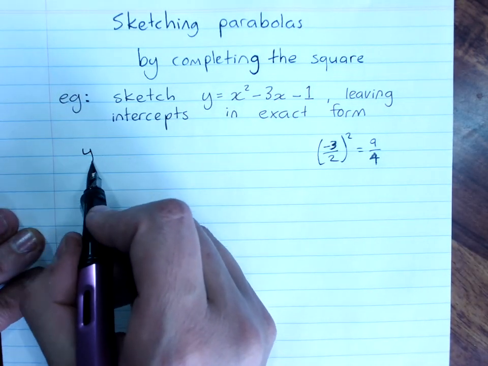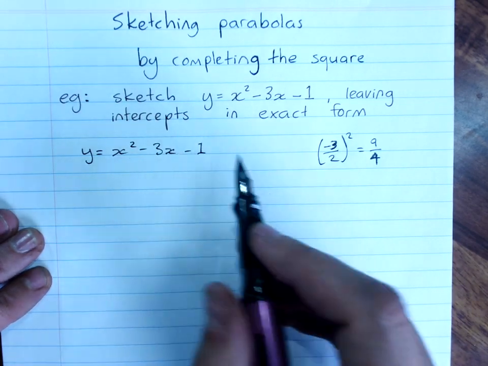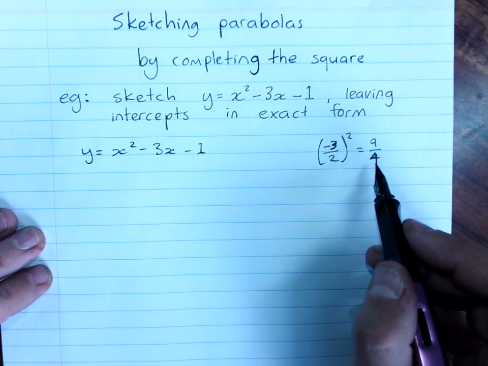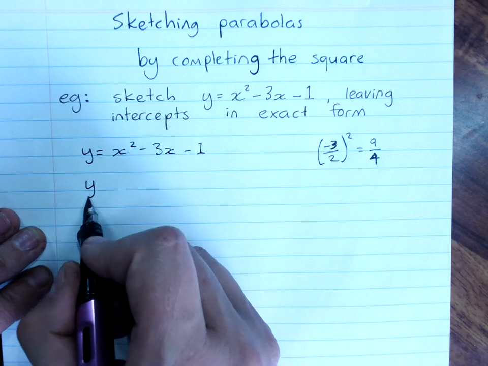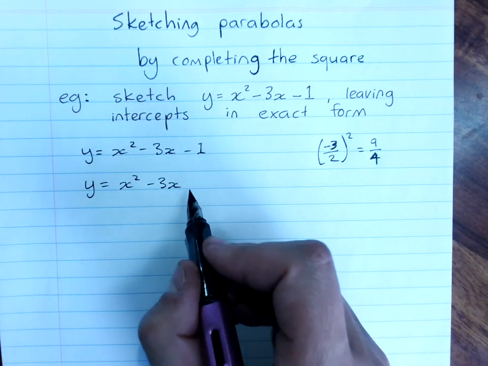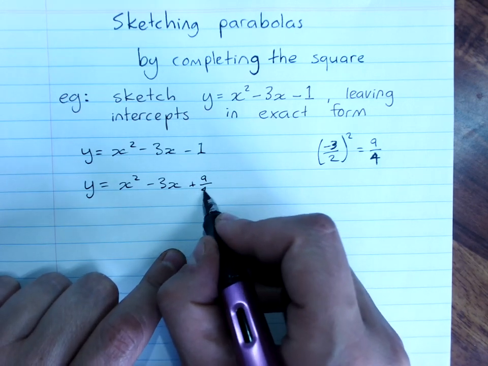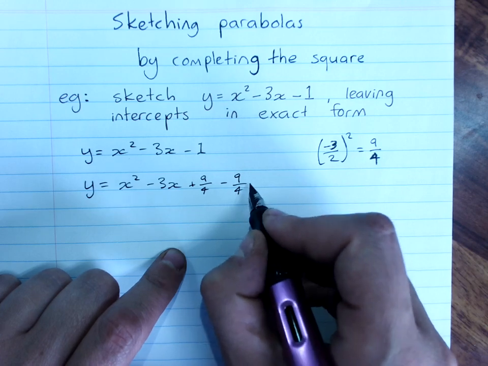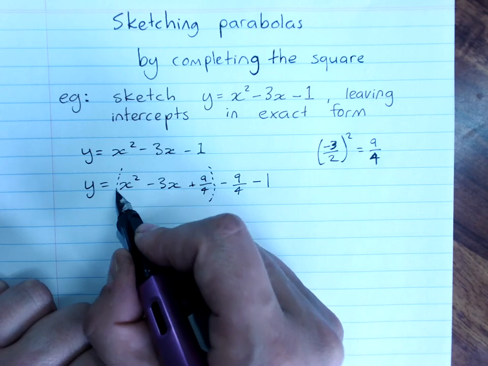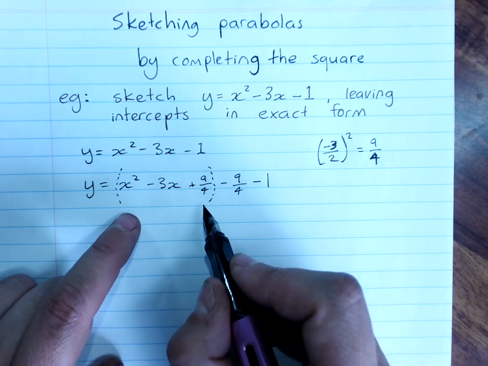So, y equals x squared minus 3x minus 1 to start with. Completing the square, we're going to insert this. Y equals x squared minus 3x plus 9 on 4 minus 9 on 4 minus 1. If you want the brackets here, to remind you that this is our perfect square, you absolutely may have that.